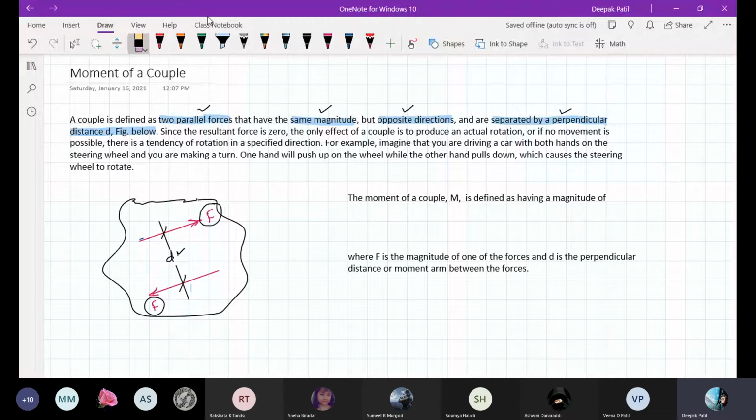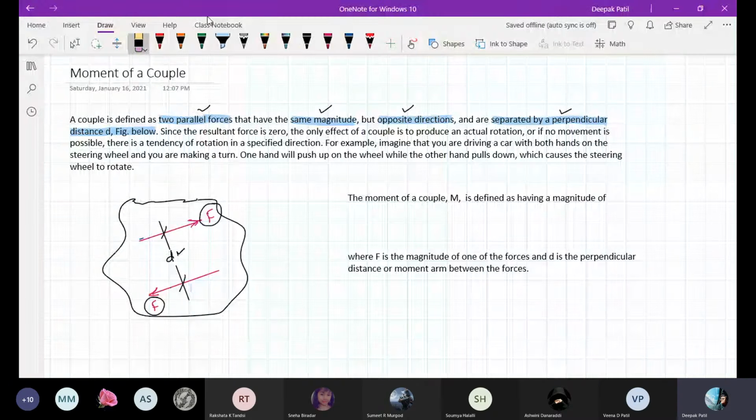Now, for example, imagine that you are driving a car with both hands on the steering wheel and you're about to make a turn. Now one hand will push the wheel and the other hand will pull.